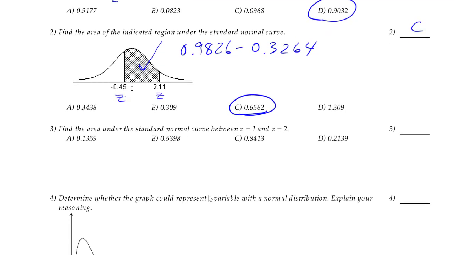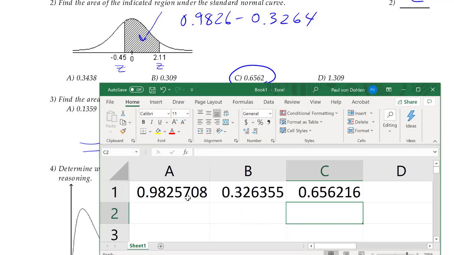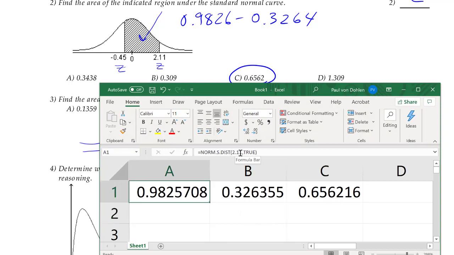All right. Area under the standard normal between z equals 1 and 2. Basically it's the same as the problem we just did, except we're not given the curve. So here's your 0 point, and then let's put 1 and 2. Again, we're going to have to do the area up to 2 minus the area up to 1. So let me go back here. I could actually modify this.